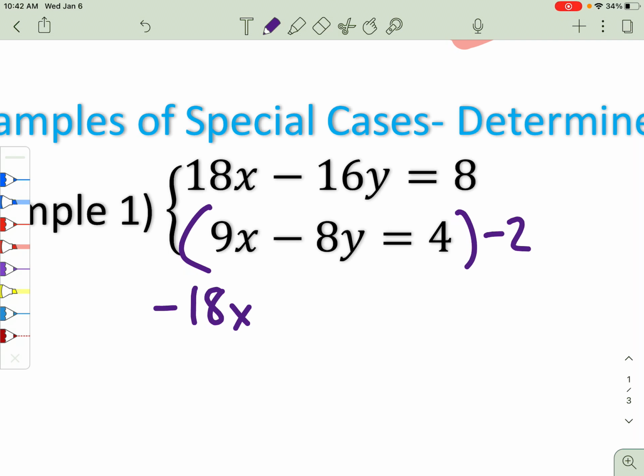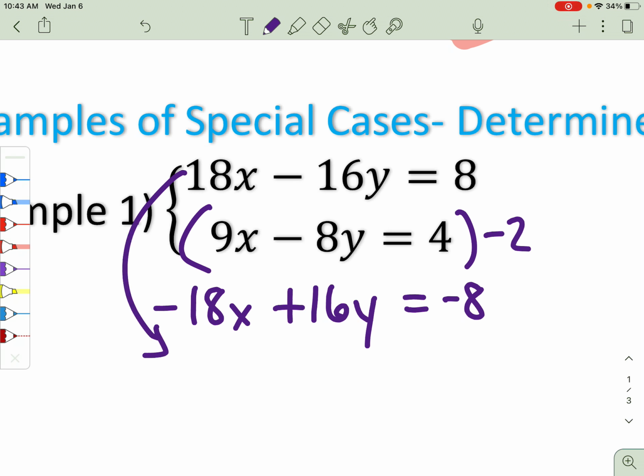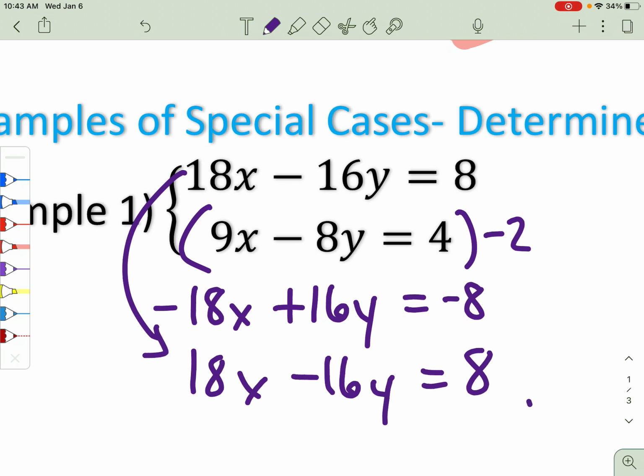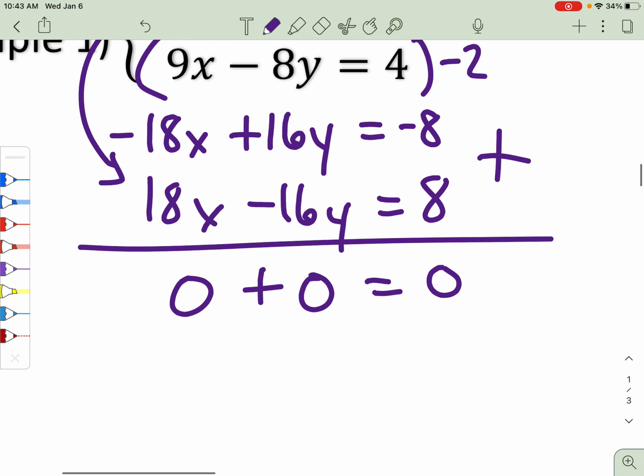Okay, and then when you multiply by -2 here, you get 16y, and this gives you -8. Okay, all right, so then bring this one down. Okay, and add them both together. They actually cancel out. So when does 0 equal 0? Always, which means that this is infinite solutions.